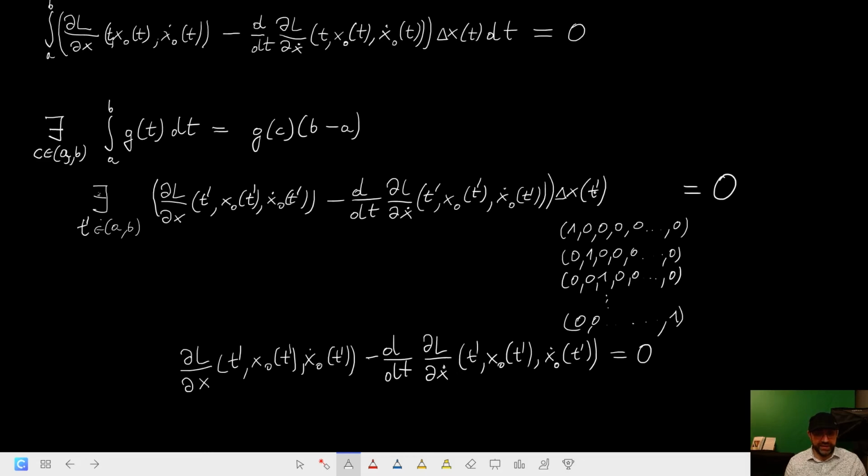Okay, I hesitated here because t prime exists for a, so delta x already exists, and then we are choosing t prime. So the trick needs to be stronger here. Let me just think about it. Because yes, we can still request this, but our delta x must be equal 0 at the boundaries.